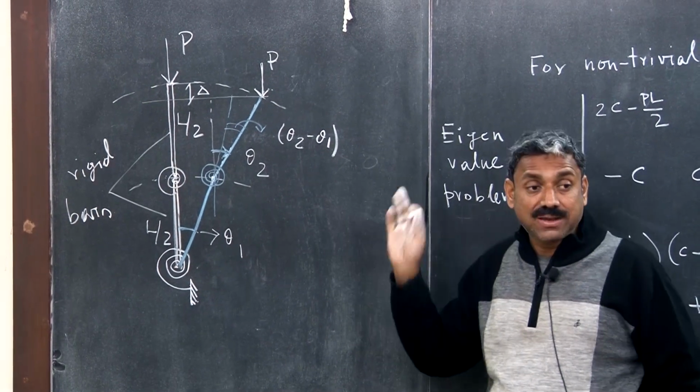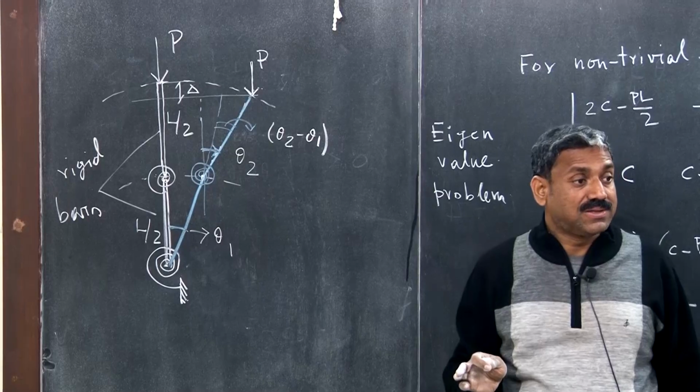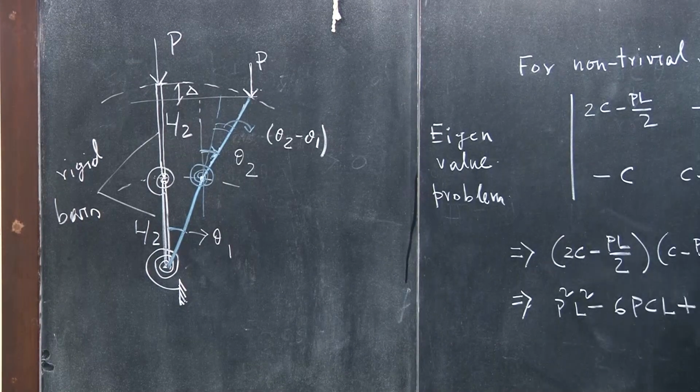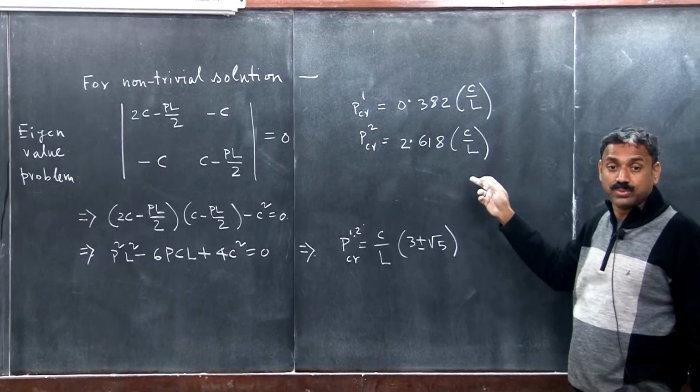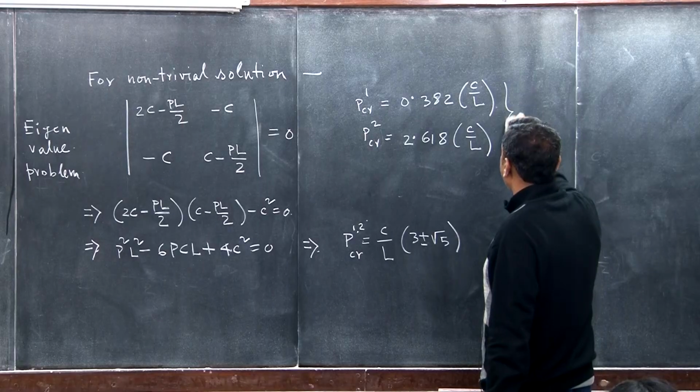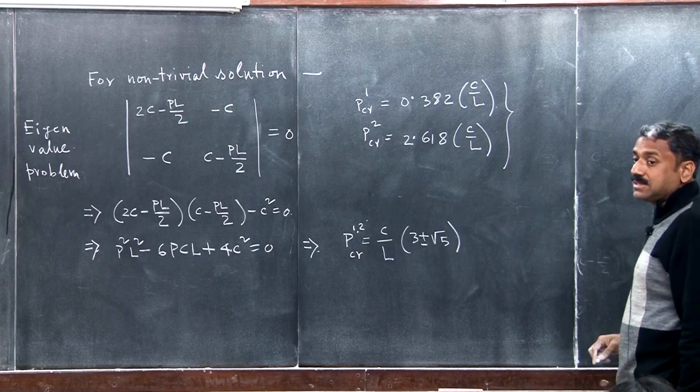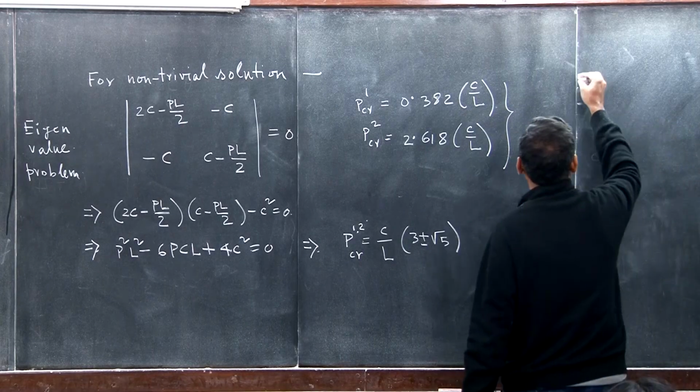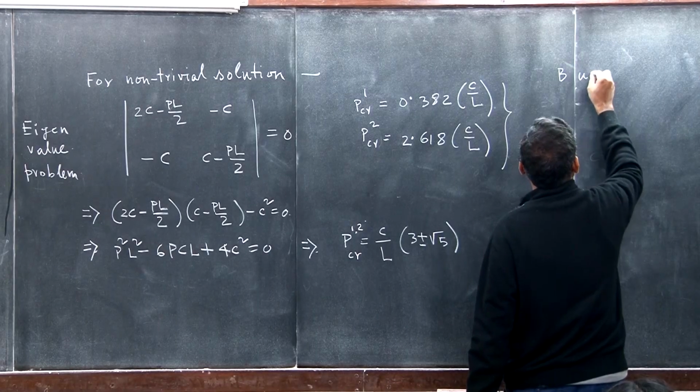So the system can remain in equilibrium in a perturbed configuration, and these are the values. So this is critical load 1, this is critical load 2, clear. Okay. Other than these two, we will also find out the eigenbuckling mode, right. So we will see that buckling mode.